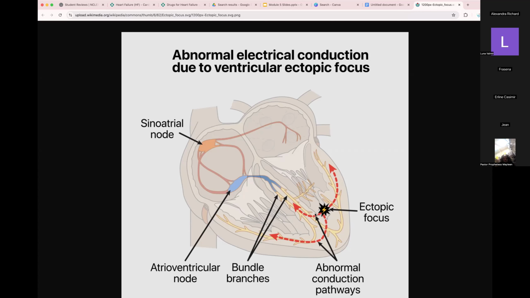You're just going to have either consecutive PVCs, ventricular tachycardia, ventricular fibrillation, and eventual cardiac death, because this would not sustain the type of electrical conduction we need to have appropriate cardiac output that aligns with survival. Okay?